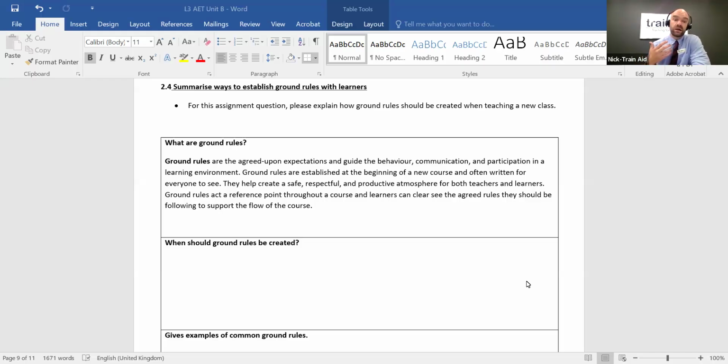It's an opportunity for discussion, to set the boundaries, and to come up with an agreed sense of rules in terms of mobile phone use, how often breaks are, and can learners go to the toilet during the lesson?